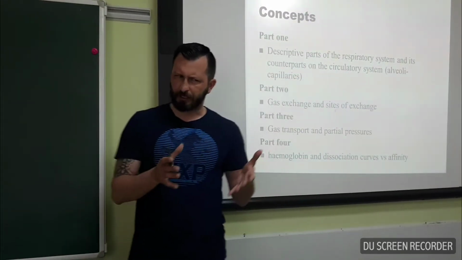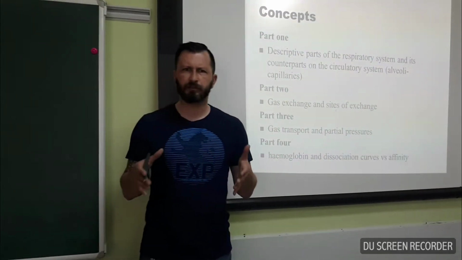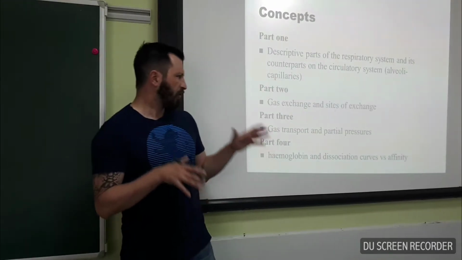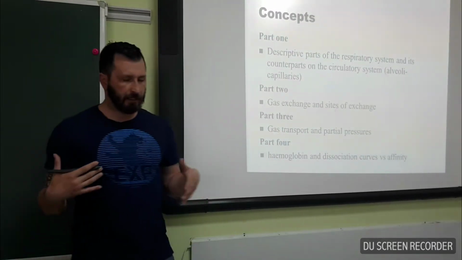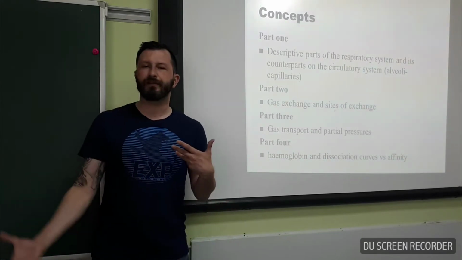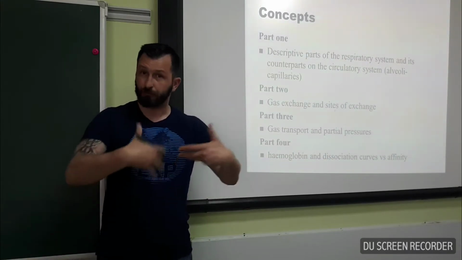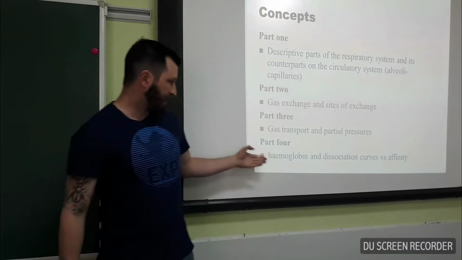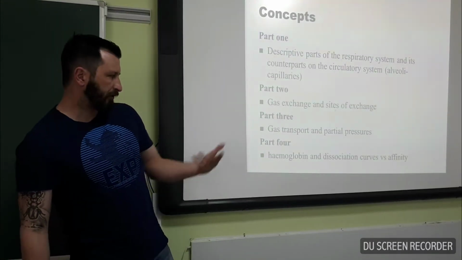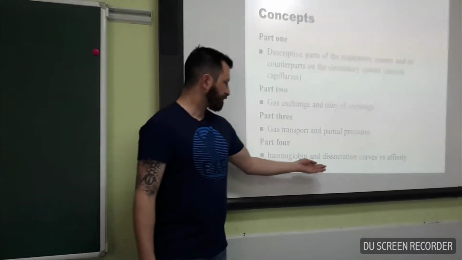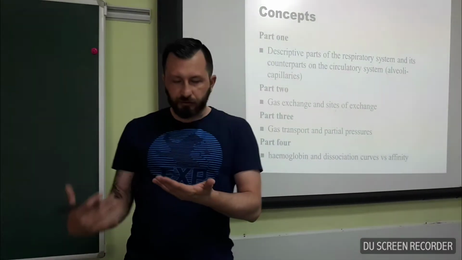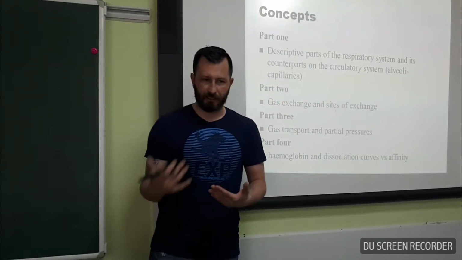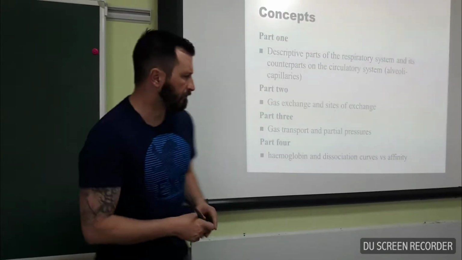We're going to check again our laws of ideal gases here. We're going to see the partial pressure law and how to apply these principles to biology and to human biology itself. And finally, part 4, how hemoglobin and myoglobin have different dissociation curves. Also, where affinity comes into the picture.